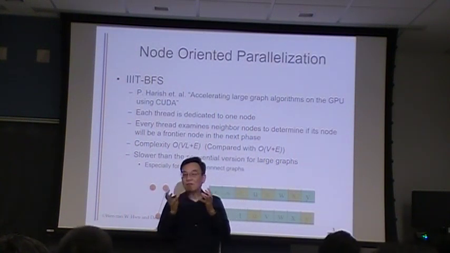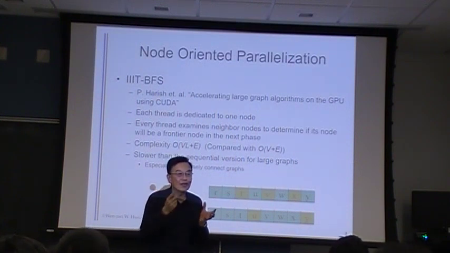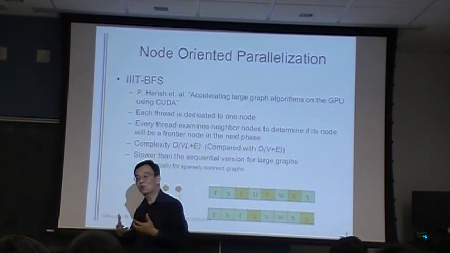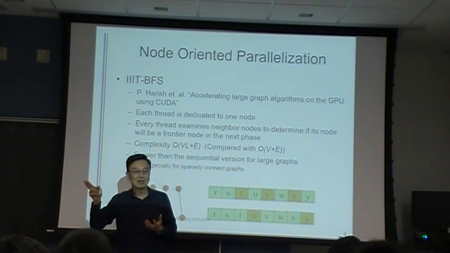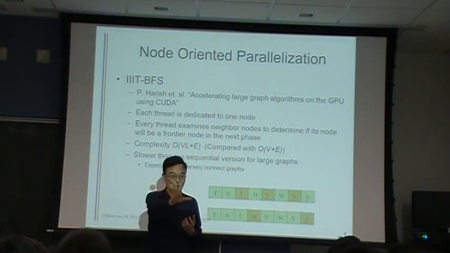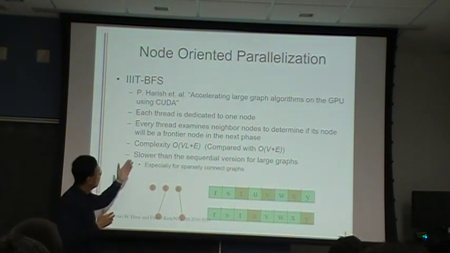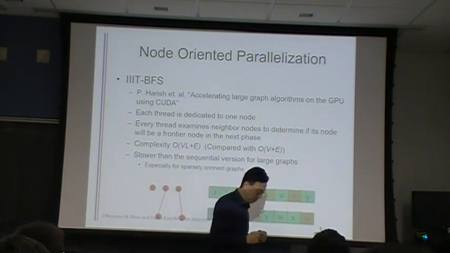It only focuses on the nodes in the frontier, and these nodes only appear in the frontier once. So you don't process and reprocess a node by going through its edges more than once in the sequential algorithm.